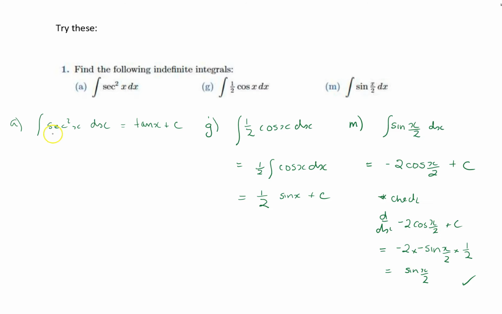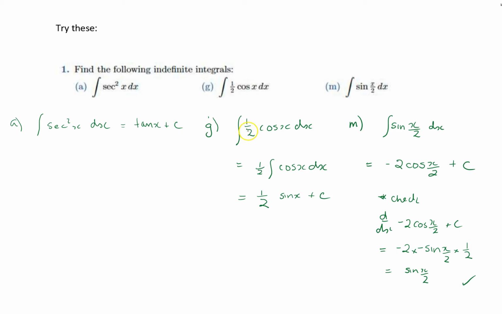Okay, A is very straightforward. However, you've got to know that sec squared came from tan, so the integral of sec squared is tan, plus a constant. These are all indefinites, so we need our constant on all of them.